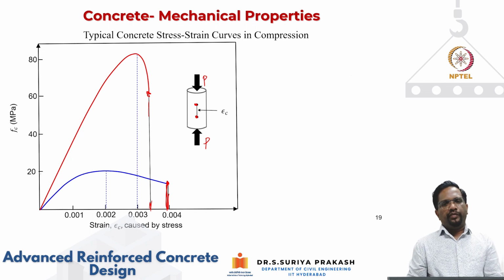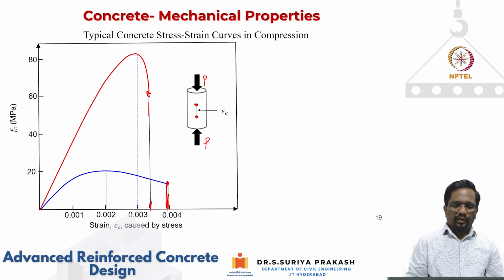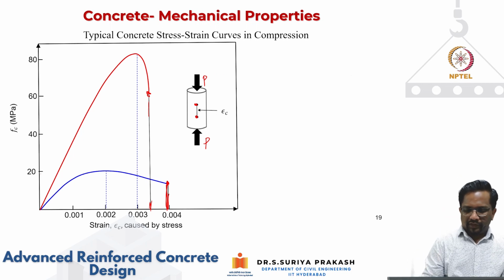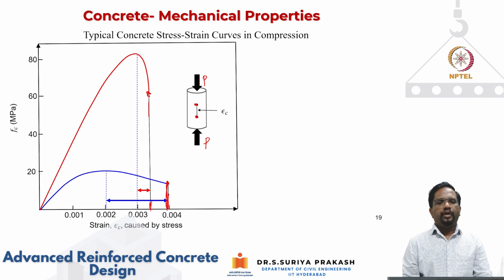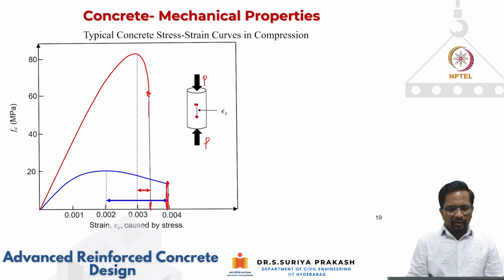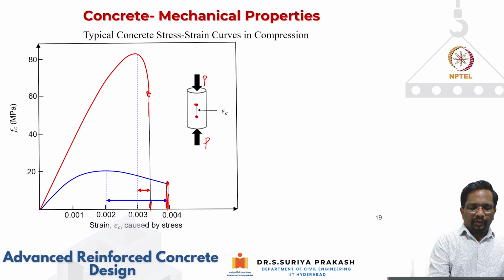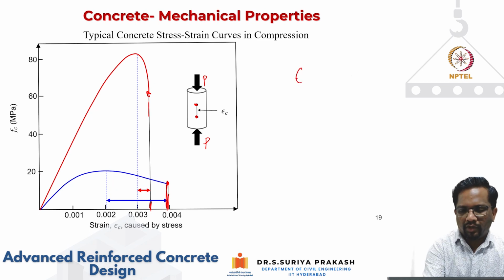that is usually measured as the difference between the failure strain and the strain corresponding to your peak strain. So what can we infer here? For the first case, for the low strength concrete, the difference between epsilon Cu minus epsilon prime C is actually larger.